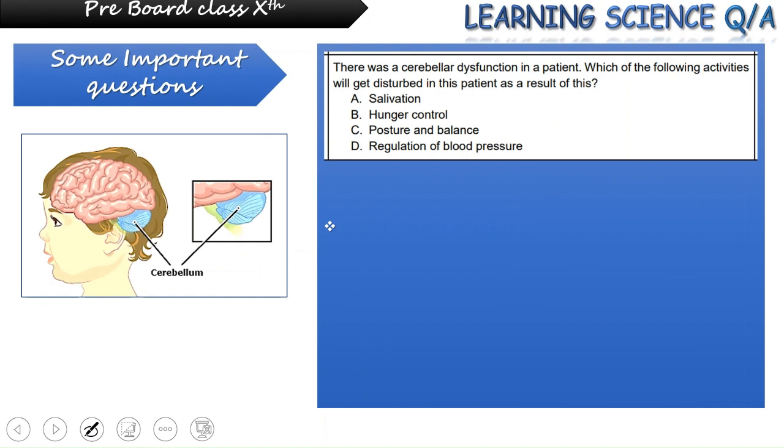It is also involved in the control of coordinated posturing and balancing of the body. It is also involved in developing motor skills and learning. So, from the given options, the most appropriate answer would be that posture and balance would be impaired in the patient with cerebellar dysfunction.